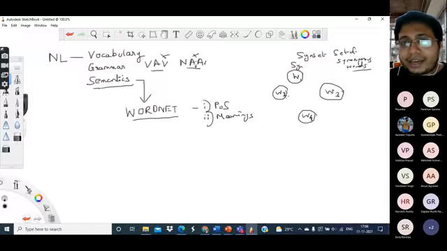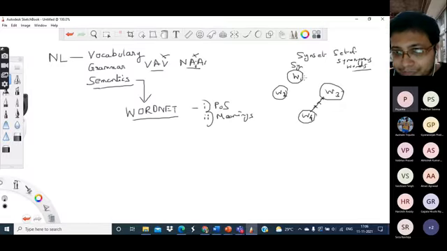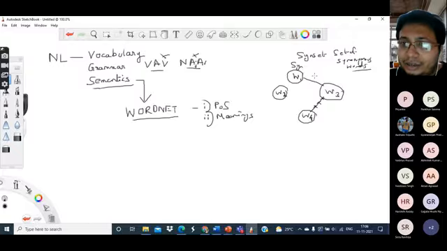And then there can be different kinds of edges between every pair of vertices, depending on the relationship between those two. For example, there can be antonym edges: if W3 and W4 are opposite in meaning, then they can have one kind of edge. Then we talked about hypernym and hyponym relations.